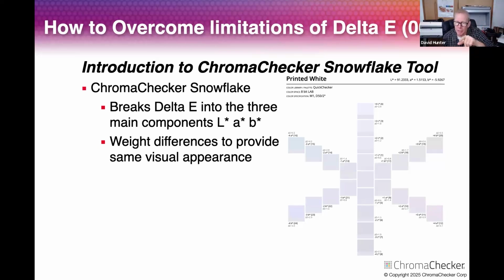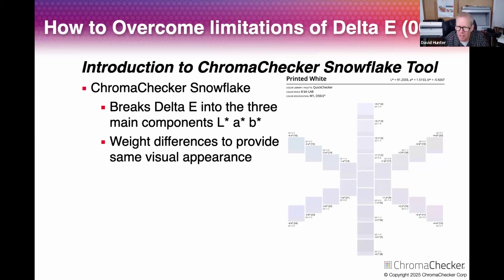So now what we're doing here is we're saying, okay, delta E, trying to do one number for all of it might be too much to chew. Let's break it up into the really 6 planes: plus L, minus L, plus A, minus A, plus B, and minus B. And there we have 6 planes.